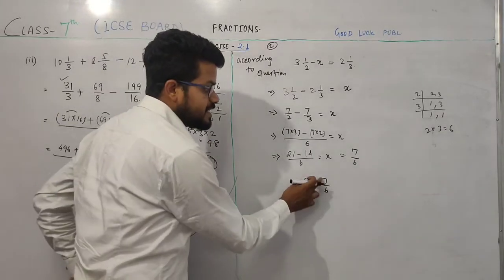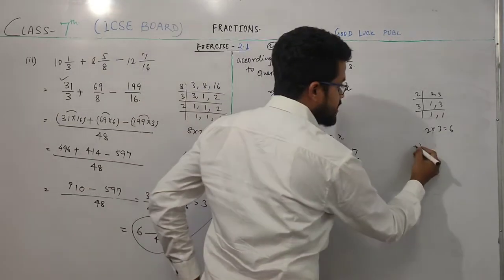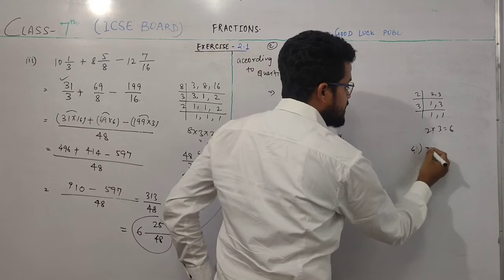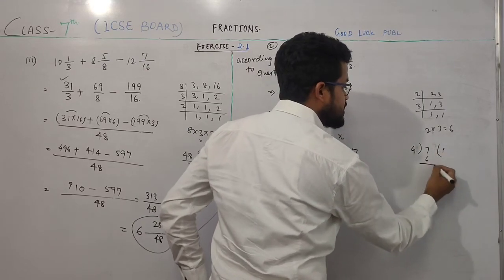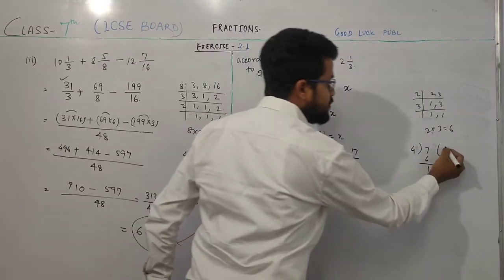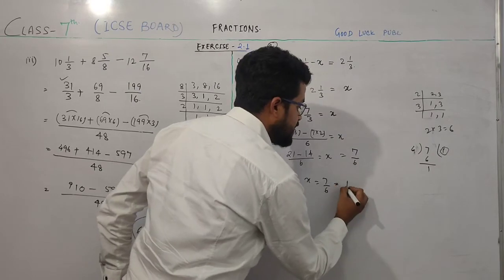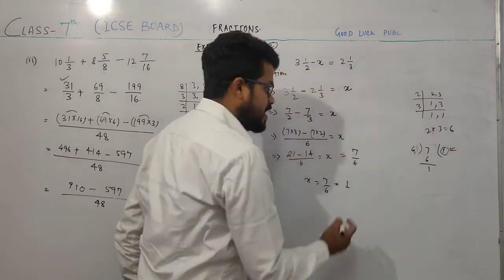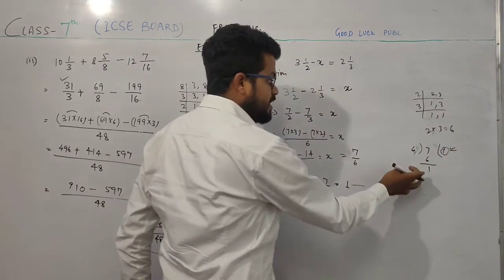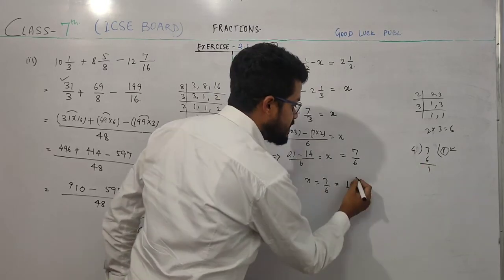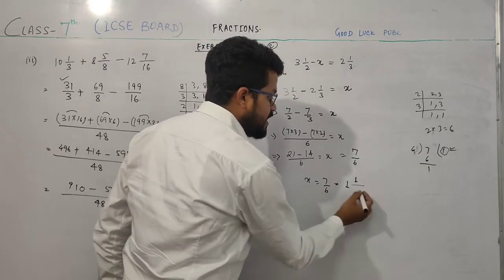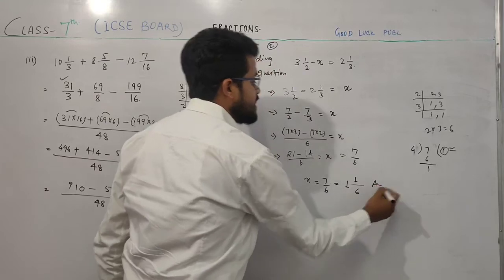So I divide 7 by 6. 6 ones are 6, the remainder is 1, so in front I write 1. In the numerator I write the remainder, and in the denominator it is 6. So this is your answer.